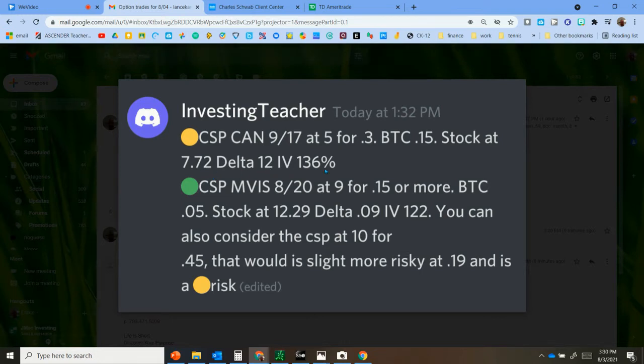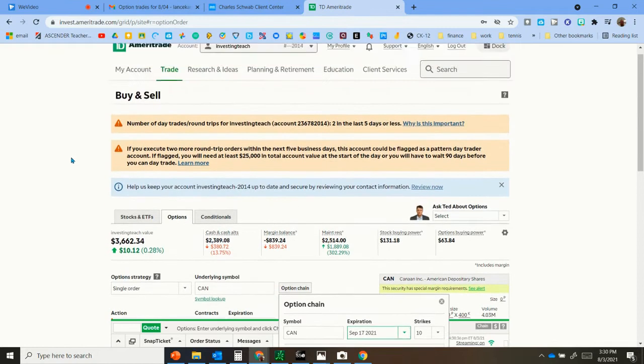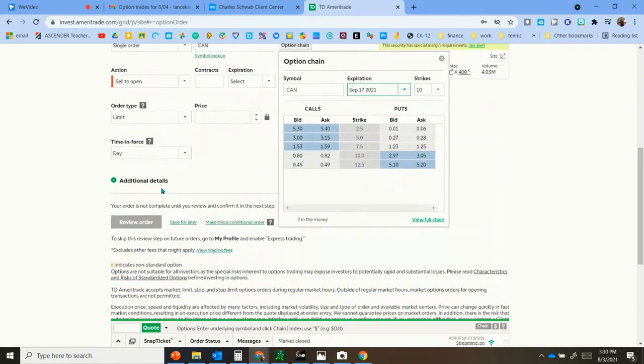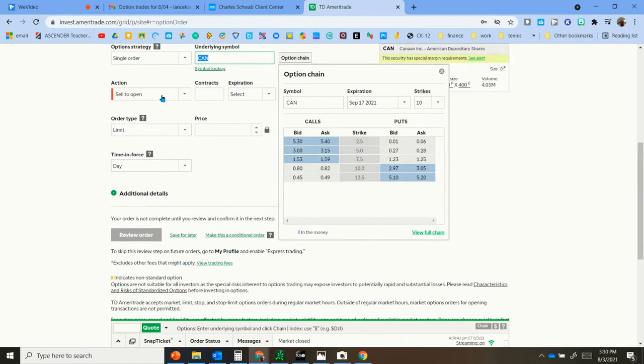Delta's 0.12, IV's 136%. So if you're going on TD Ameritrade, you're going to go to Options, Orders, and you want to do a single order for CAN. We want to sell to open this order because we're selling the contract. Do one contract, expiration date, we're going to pick September 17th.